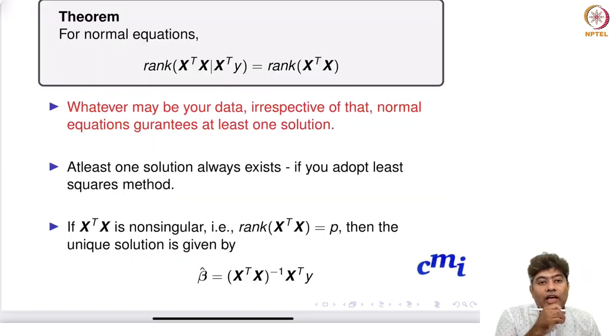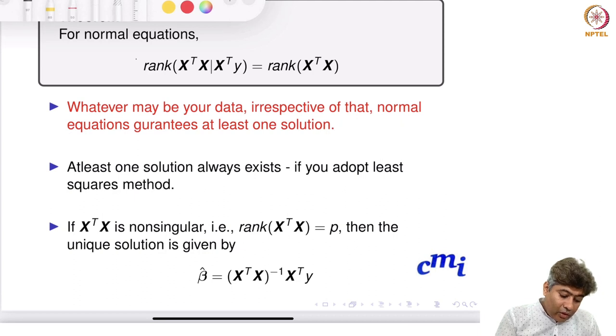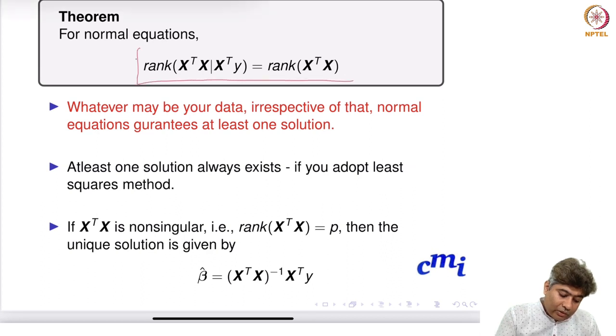Now we have a theorem for the normal equation. One can show that the rank of X transpose X is equal to the rank of X transpose X augmented with X transpose y. This you can show. So what does it mean?